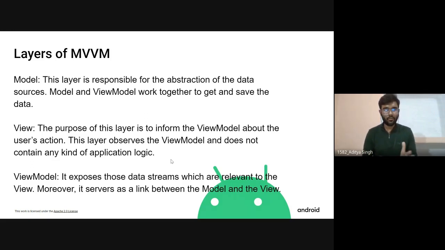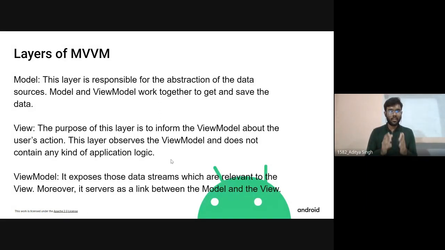And what is view? View basically deals with our user interface, as I told you earlier, like button press, scrolling, edit text, text views. All these things are handled by view. Lastly, we have view model.